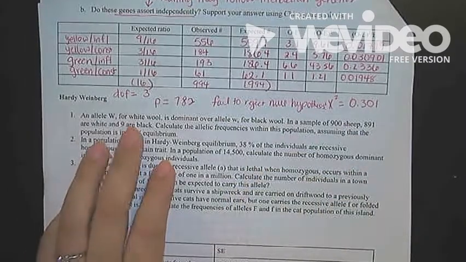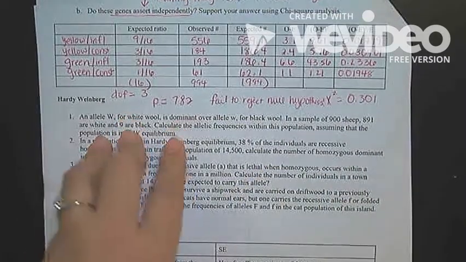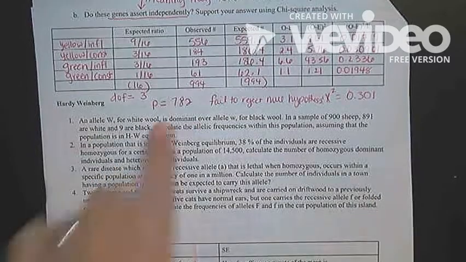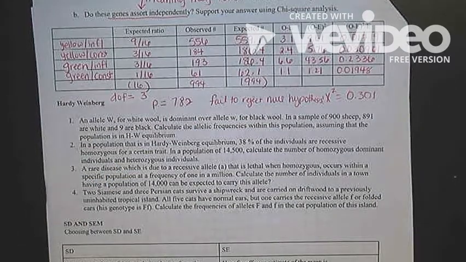According to our degrees of freedom in our critical value chart, the chi-square is less than the critical value of 7.82. So if you want to see how I did these calculations, just keep watching.